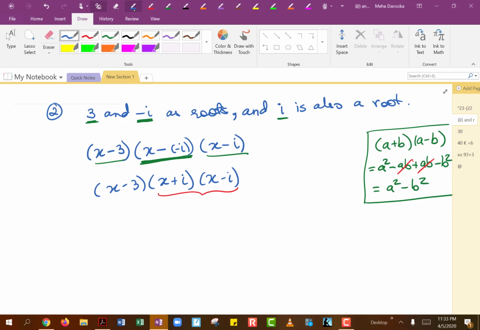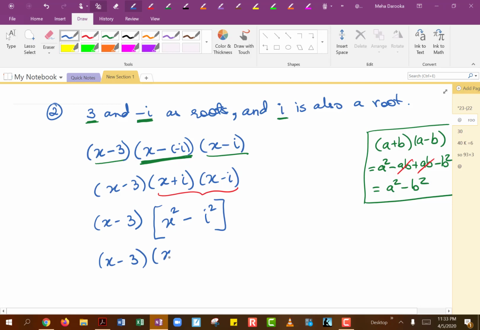So when you multiply these conjugate pairs, you will end up getting x squared minus i squared if you FOIL this, right? And then I'm going to keep that x minus 3 as it is in the front. Now again, I don't know if you remember this, hopefully you do.